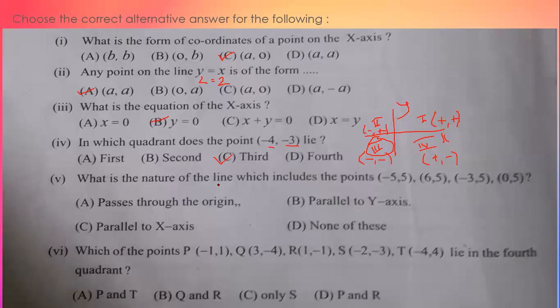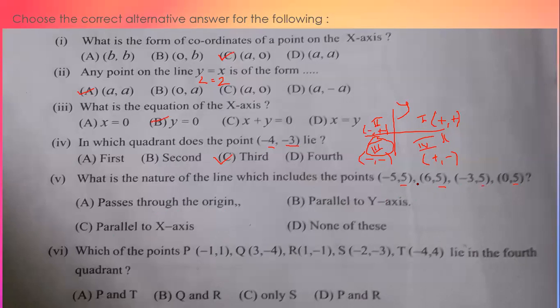What is the nature of the line which includes the points -5, 5; 6, 5; -3, 5; 0, 5? The options are: passes through the origin, parallel to y-axis, parallel to x-axis, none of these. If you see carefully, the y coordinate is the same for each point.